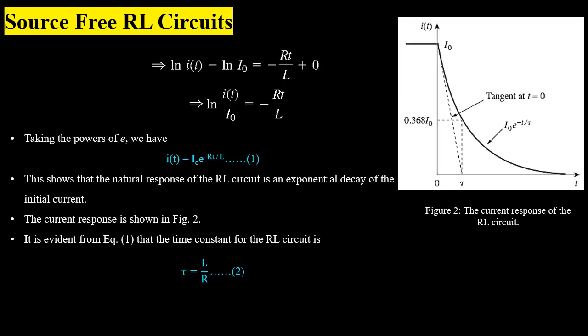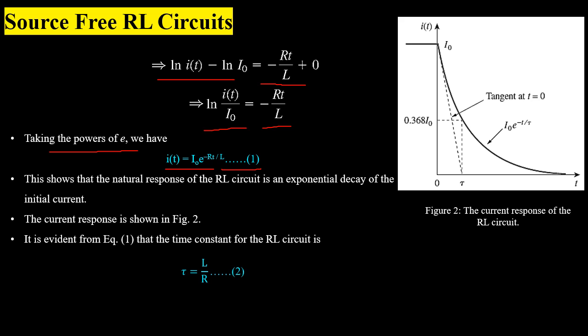Now substituting the integral limits and using the rules of natural log, we will have ln of i(t)/I0 equals minus Rt/L. To find the value of i(t), we will take the exponential of both sides of the equation, and this will give us i(t) equal to I0 multiplied by e to the power minus Rt/L.